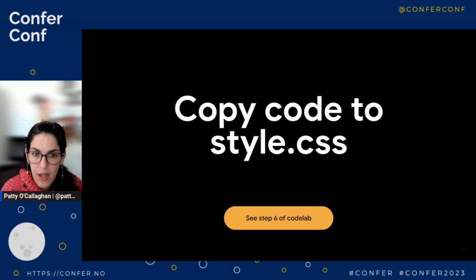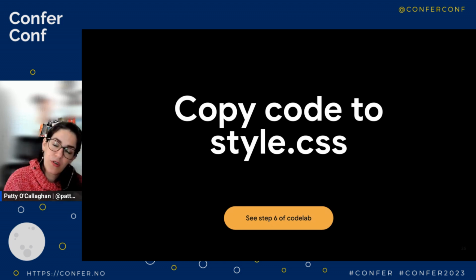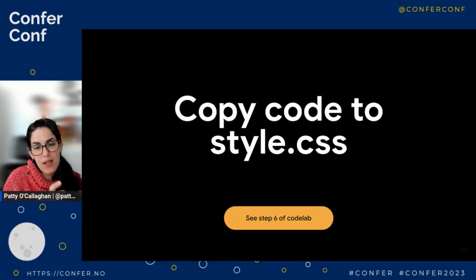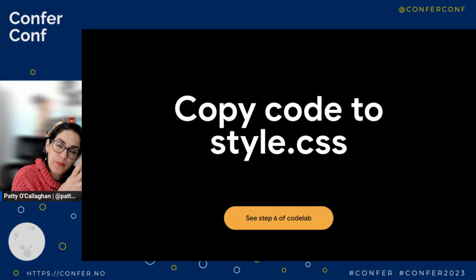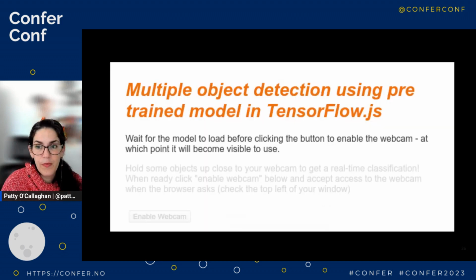So again, I want you to do the same. Go to your Glitch project, delete everything that is on the style.css file, and copy the code that is on the code lab. If you do that, now you're going to see that everything is going to be grayed out.